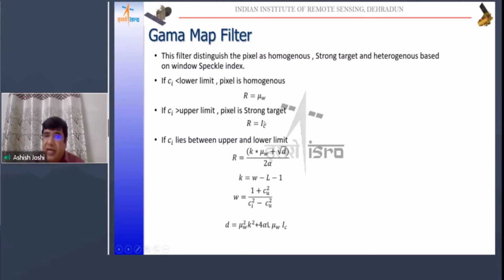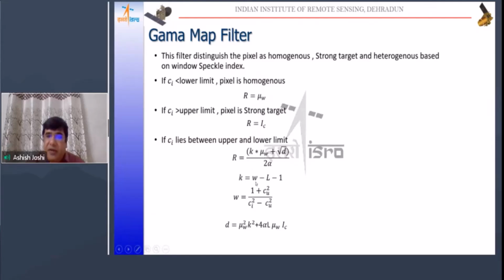If it is a target, we keep the center pixel IC. If CI is lesser than the lower limit or greater than the upper limit, we use this formula. If it lies between them, we use this resultant formula.